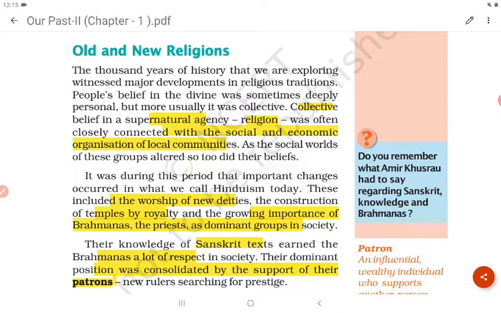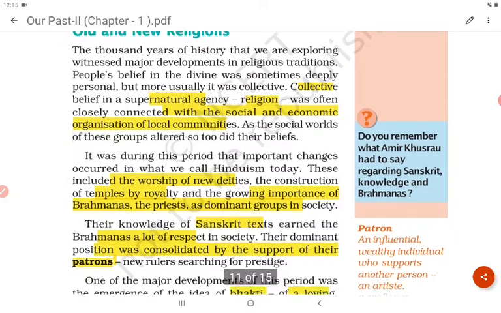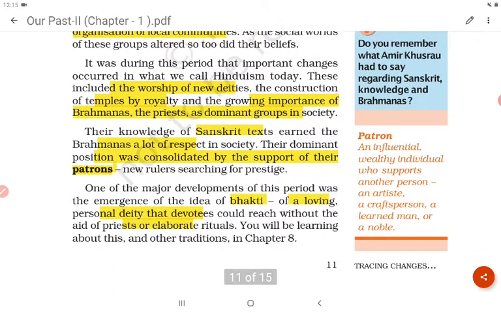These included the worship of new deities, the construction of temples by royalty, and the growing importance of Brahmanas, the priests, as dominant groups in society. Their knowledge of Sanskrit texts earned the Brahmanas a lot of respect in society. Their dominant position was consolidated by the support of their patrons, new rulers searching for prestige.